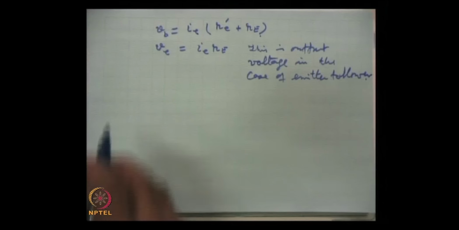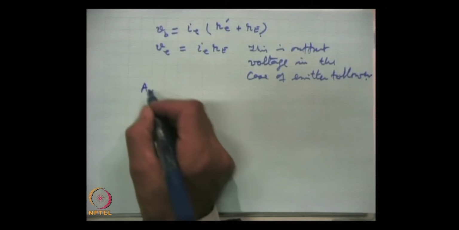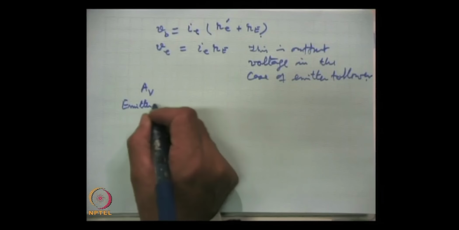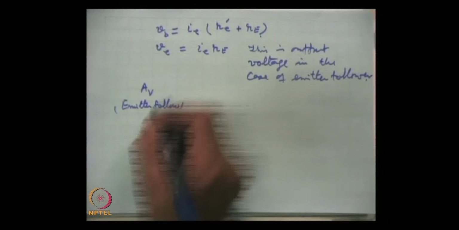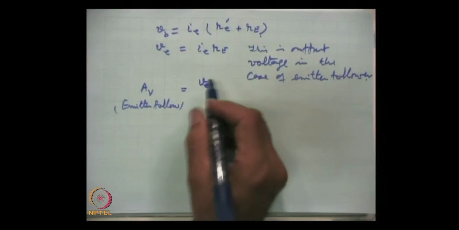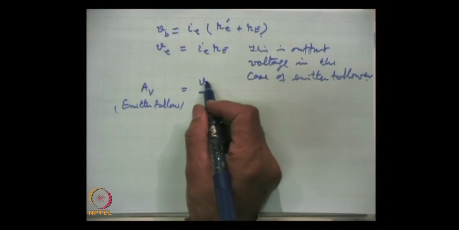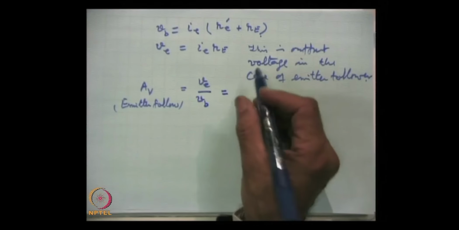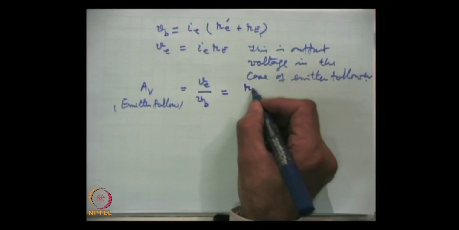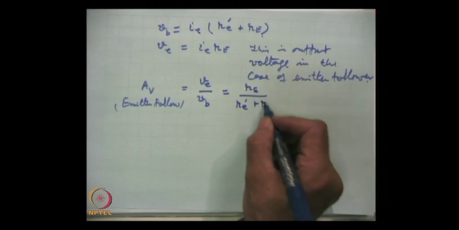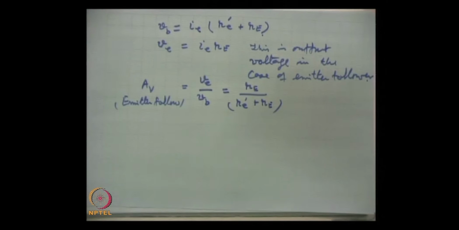So, therefore, the voltage gain for the emitter follower is simply V E, the output voltage, divided by the input voltage V B. So, we divide the two and we get R E over R E prime plus R E. This is the expression.